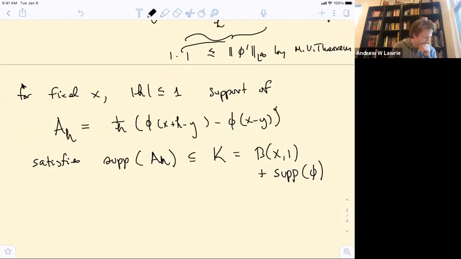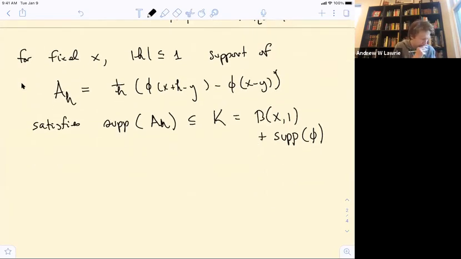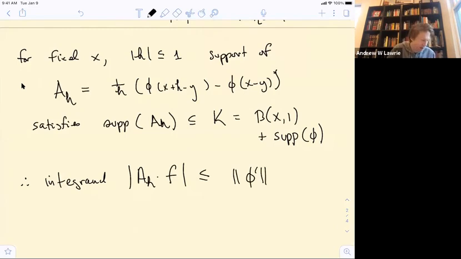Therefore the integrand A_h times f satisfies the bound: norm of phi prime in L infinity times chi_K, the indicator function on this set K, times the absolute value of f, and now apply the dominated convergence theorem.